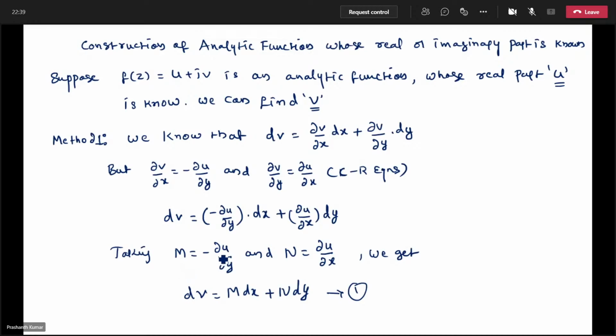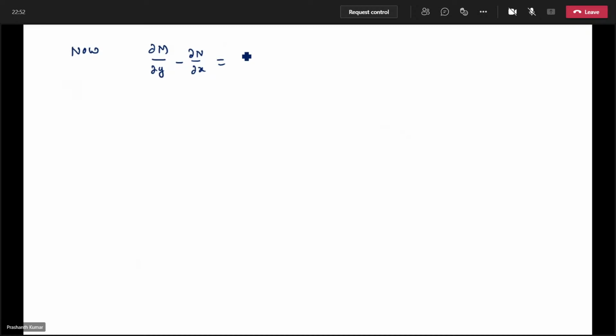So that is minus dou square u by dou y square. The left hand side, right hand side also dou square u by dou y square. So that is the answer. So minus dou square u by dou y square.